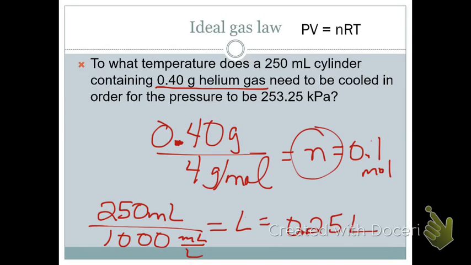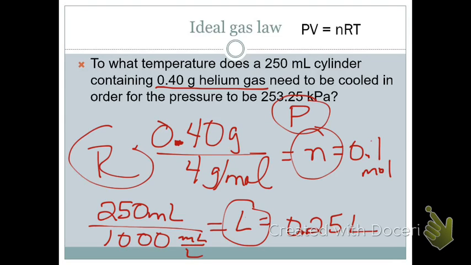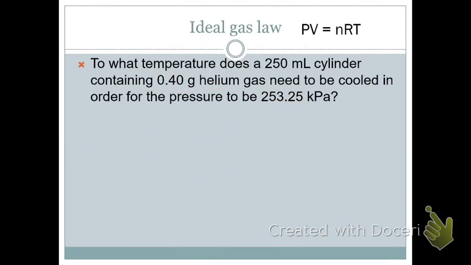I've got my moles, I've got my liters, I've got my pressure. I'm going to be given my R value. I need to figure out what my temperature is. Okay, so we lay these all out so we can see them clearly. Volume is 250 milliliters.